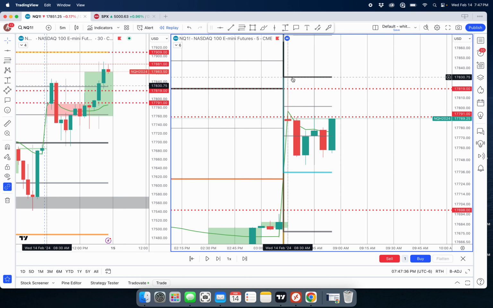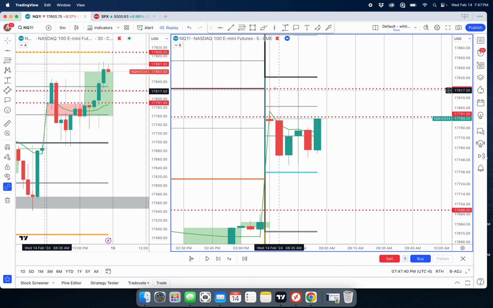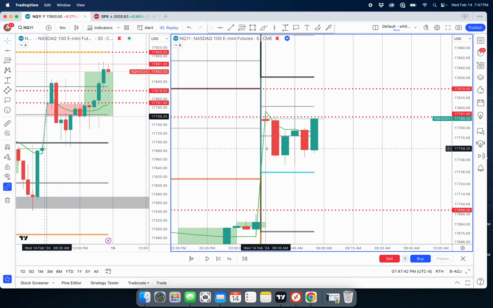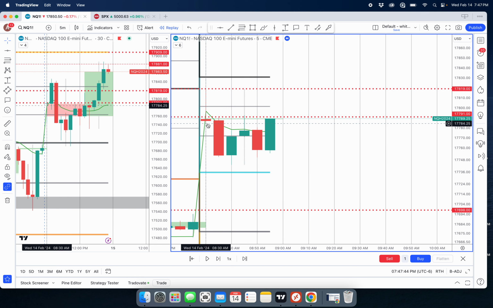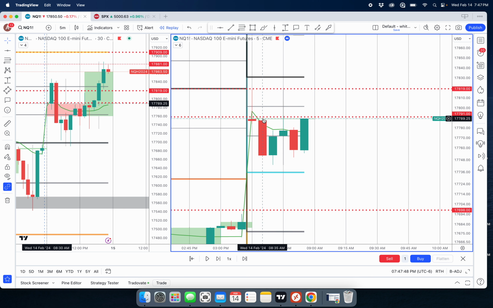So they almost made it, and then they just yanked it all the way back down here. I believe back here, and then this is a 5 minute candle. They closed it back below the open, and then they dropped it again. So then from there, they scooped it back up.